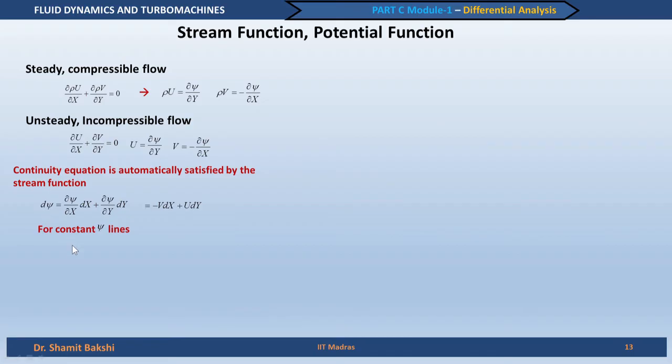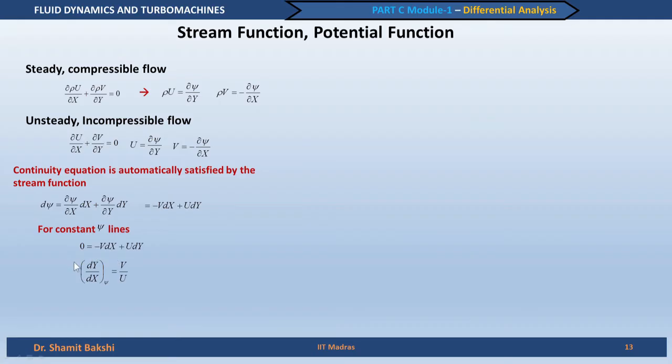If d psi is 0, that means minus v dx plus u dy is 0. So, in other words, dy by dx for a constant psi line is v by u, which is the slope of the constant psi line at any particular point.